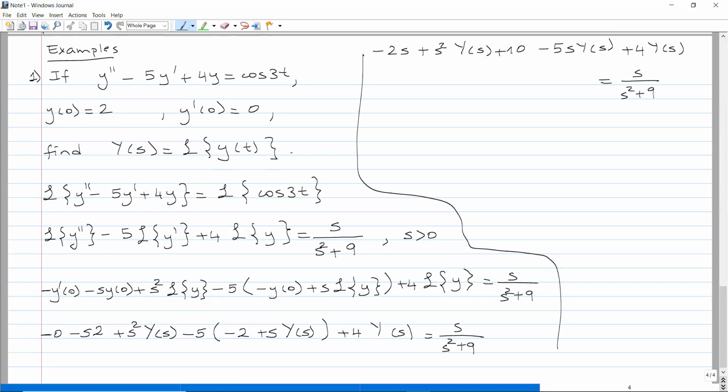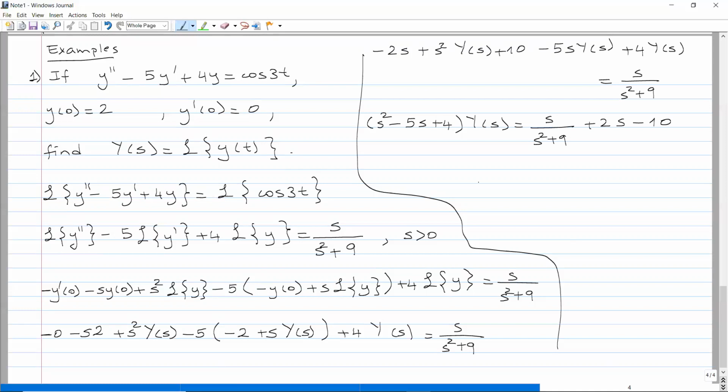So let's take this minus 2s plus 10 to the other side, and let's combine the coefficients of capital Y. I have s squared minus 5s plus 4 times capital Y of s, and the other two terms I take to the other side as plus 2s minus 10.